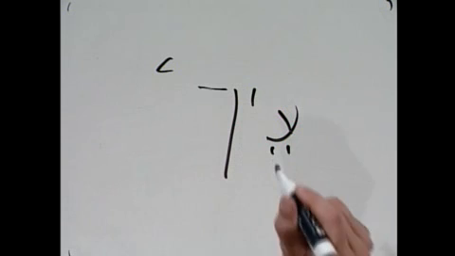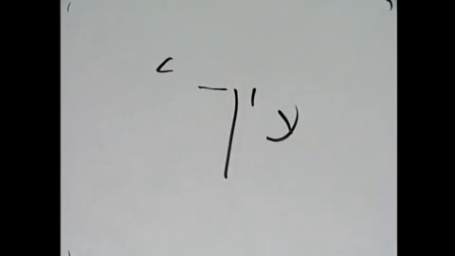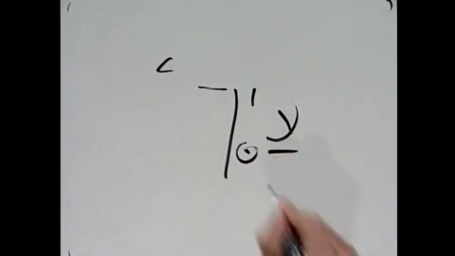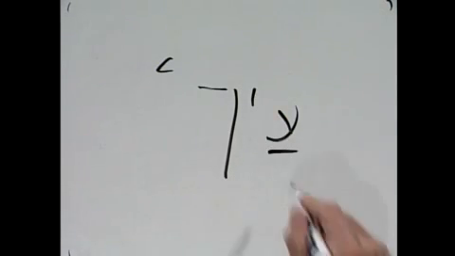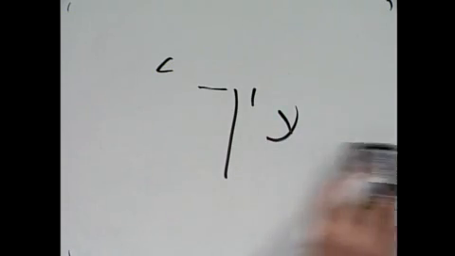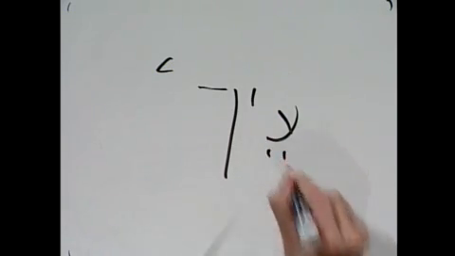Now that little hirik that I had written here was later added. The contraction probably occurs before that was ever added. So this I simply goes to A like this. And so that's one important contraction in Hebrew.